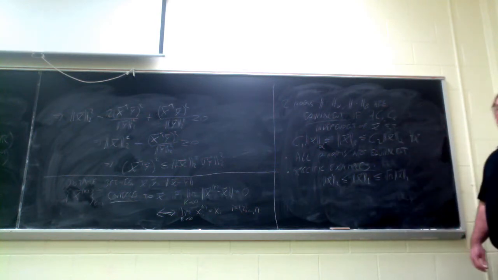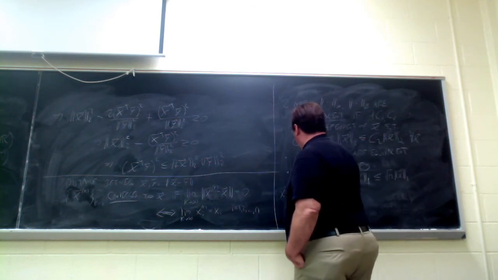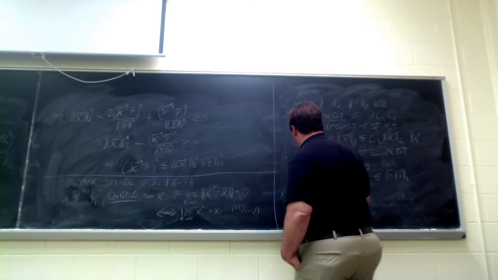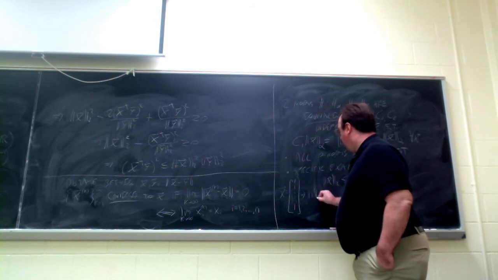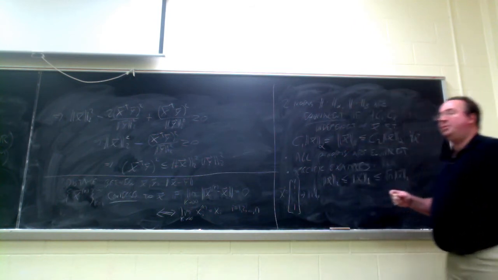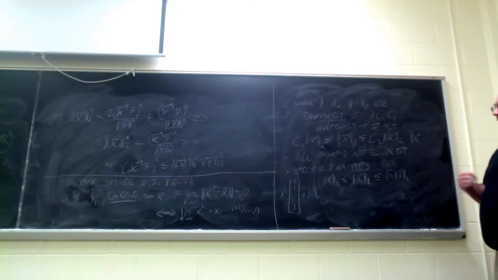Another case worth looking at is when the vector has all components equal, for instance every component equal to 1. If x is a vector consisting of all ones, then for the p norm you add up 1 n times, and then take that to the 1 over p power.